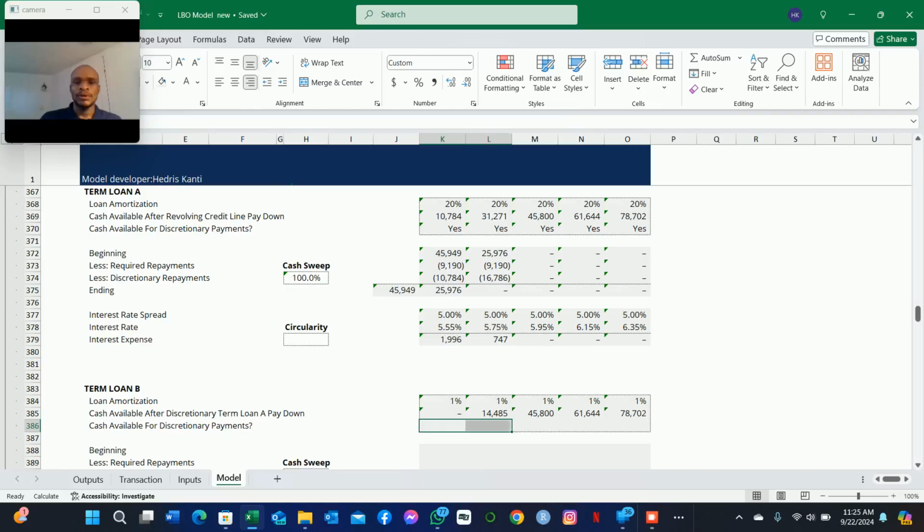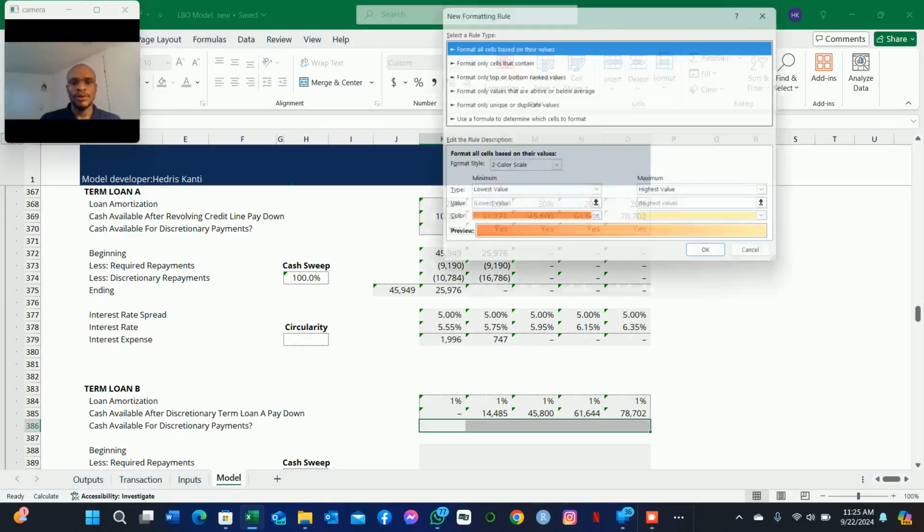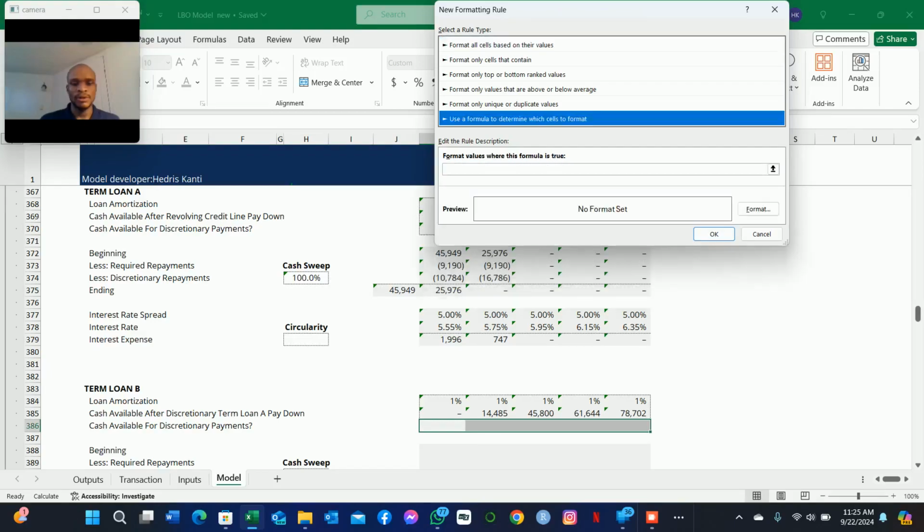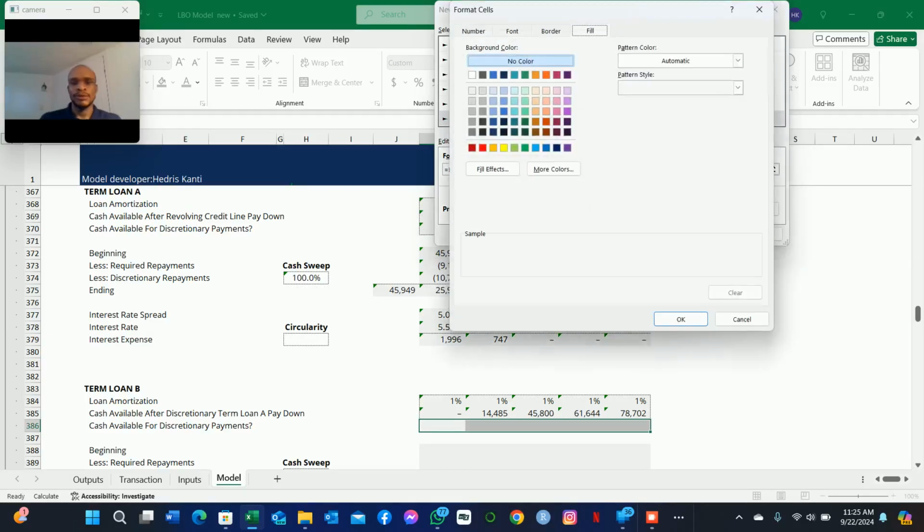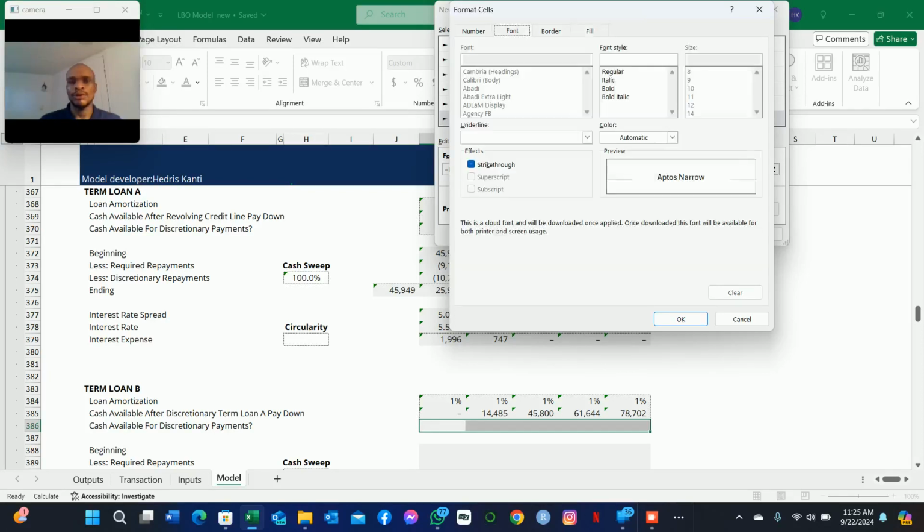So in this case, we can just format this again. Go Alt HLN for new rule. So if this cell is equal to a blank, then we want the formatting to be gray, and we also want the font to be black.